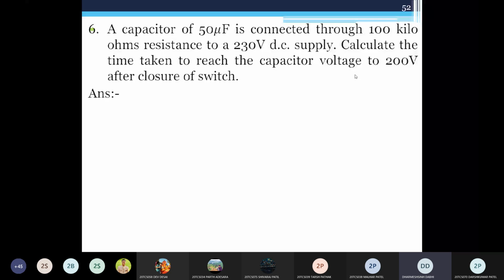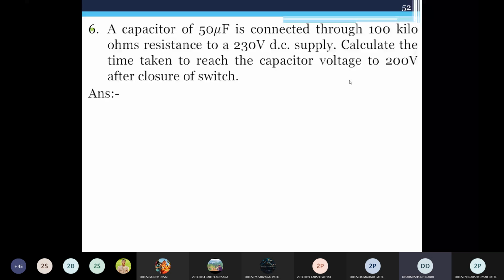It is similar to the previous example. Use the same equation, VC is equal to V into 1 minus e raised to minus t upon lambda. Here the supply voltage, capacitance and resistance values are given. So find the time taken by this capacitor to reach 200 volt.